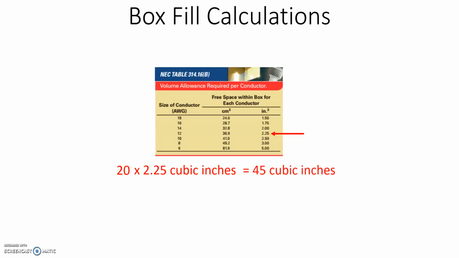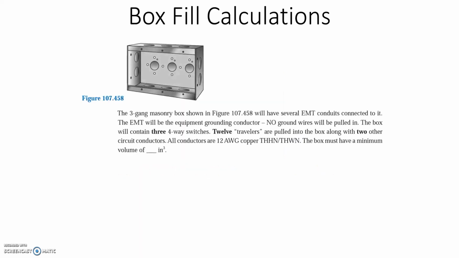That of course comes up to 45 cubic inches. Okay, so everything in that box, we're going to need at least 45 cubic inches. So if we go back, all they want to know is what box must have a minimum volume of how many cubic inches? Of course, what we just calculated here of 45 cubic inches.